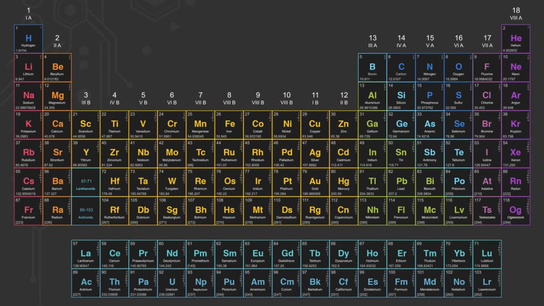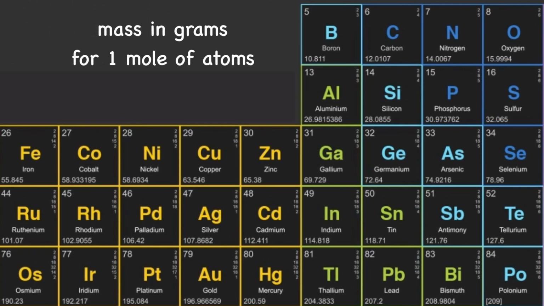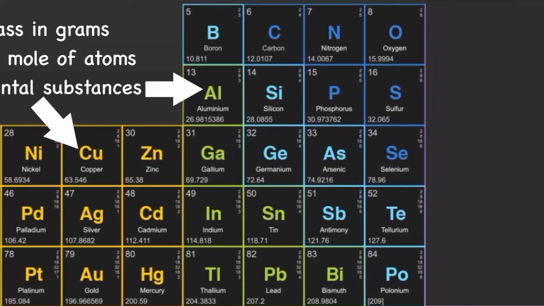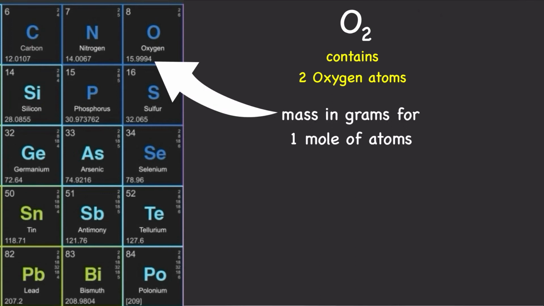To recap, the mass in grams given on the periodic table is for 1 mole of atoms for an elemental substance like copper or aluminum. And for the molar mass of elemental substances like O2, we would account for the fact that it has more than 1 mole of atoms by multiplying the mass given from the periodic table by the number of atoms it contains as indicated by the chemical formula.